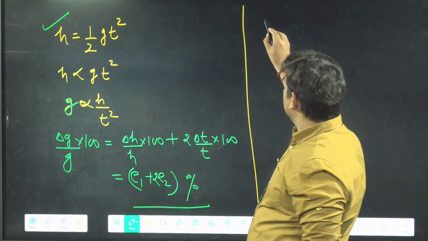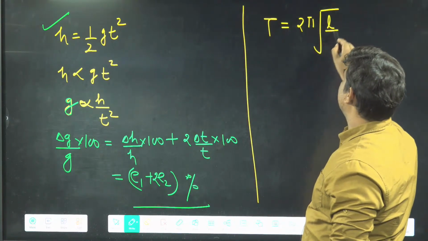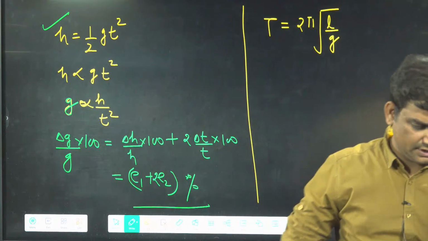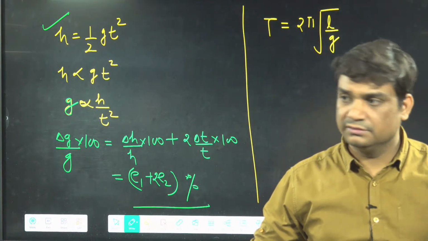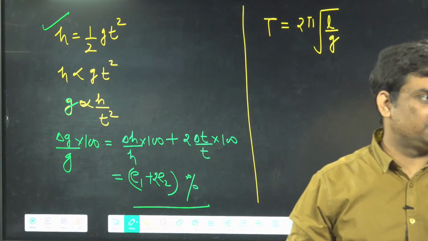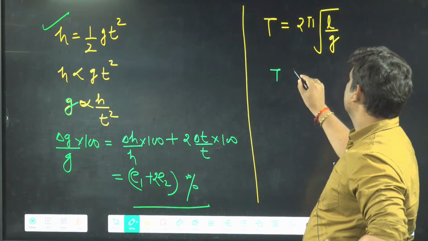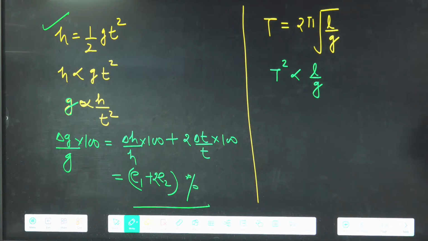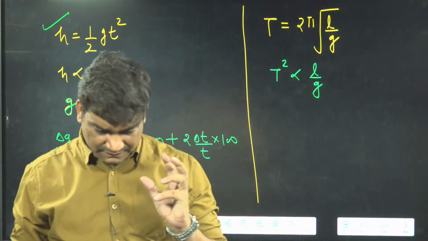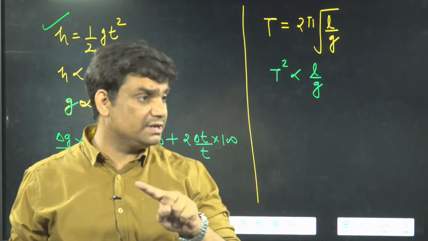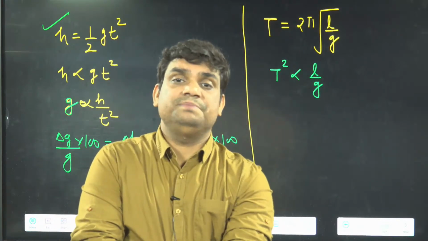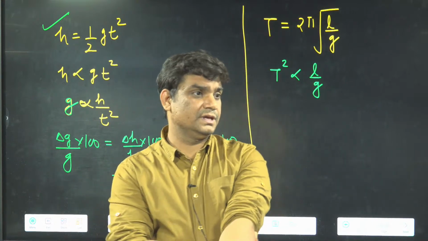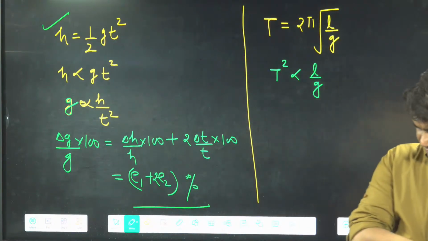You know the time period of a simple pendulum is T equal to 2 pi root of L by G. So, one question: if the percentage error in measurement of length is 2%, and the percentage error in time period is 1%, then the percentage error in G will be.